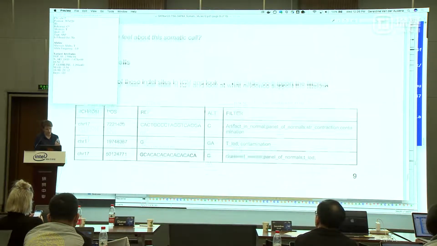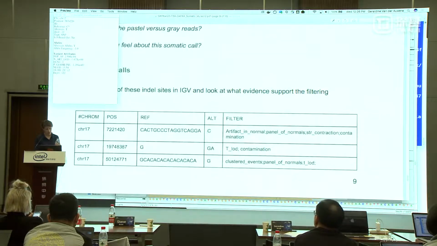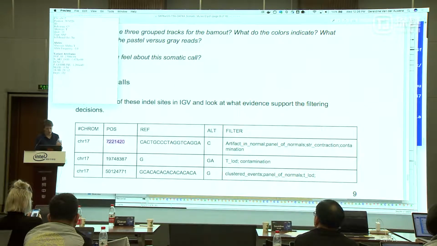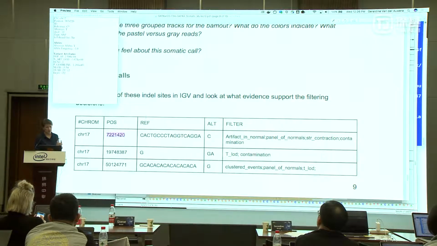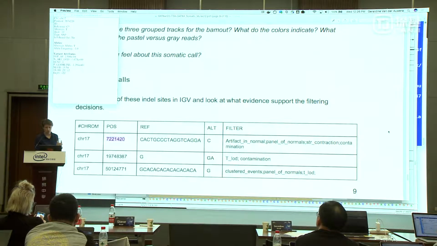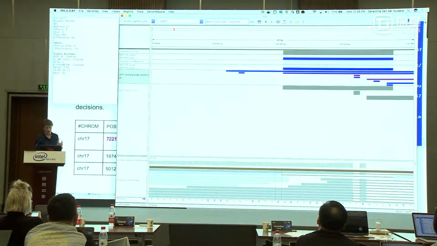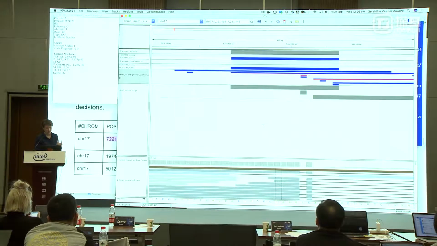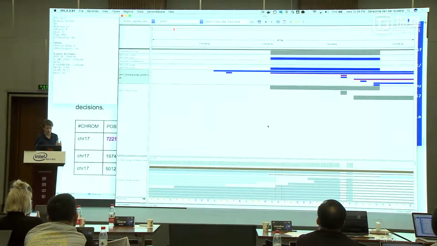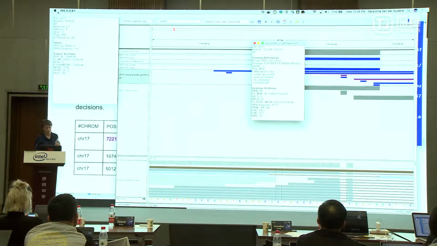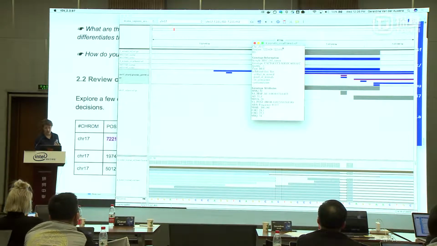Okay. Now, the next site that we want to look at, I just don't want to get into that too far, because I want to look at a few different ones. So now I want you to look at this other site that's the first in the list in the worksheet that is given. And if we zip to here, we're looking at an indel.